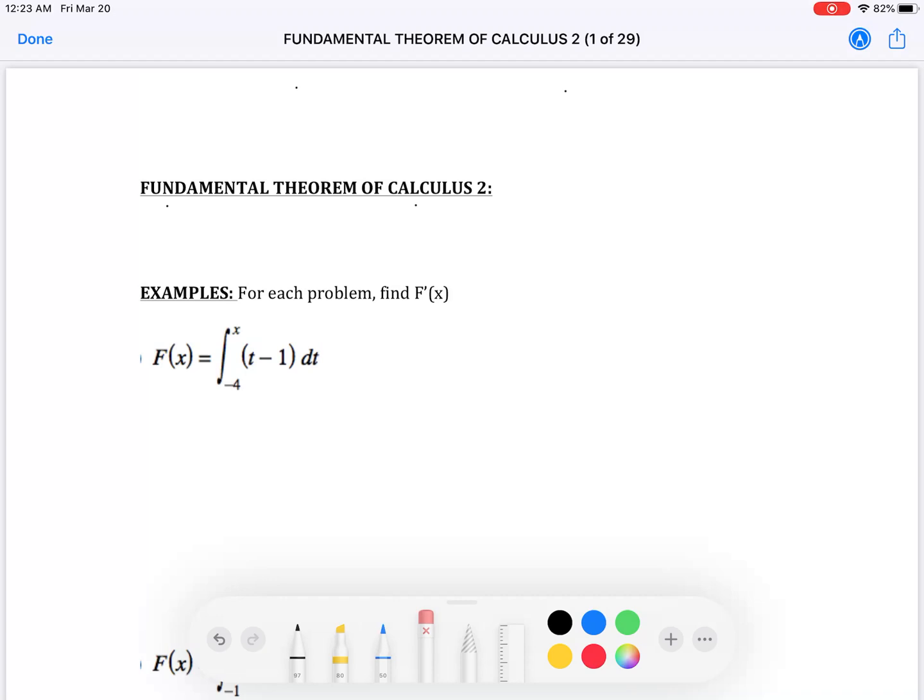So today we are going to do the second fundamental theorem of calculus, which is that 4.5 lesson. You're free to watch that YouTube video that we had in class, but I also wanted to do a video where I worked out a few examples live to support you.